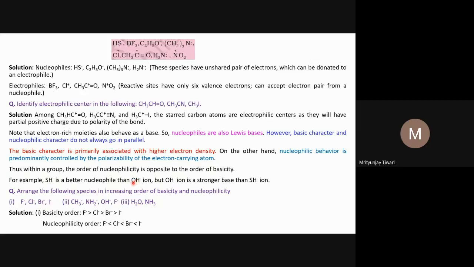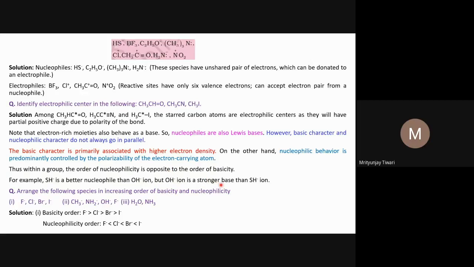But this sulfur atom has lesser effective nuclear charge, so lesser electron density retention tendency. So the attraction of the nucleus on the outermost shell will decrease, and so the electrons of the outermost shell can be easily deformed or easily polarized towards a certain group, and so that is why its polarizability is more.